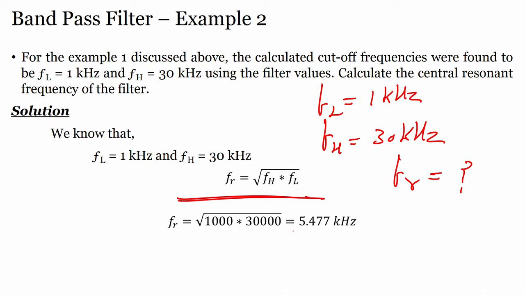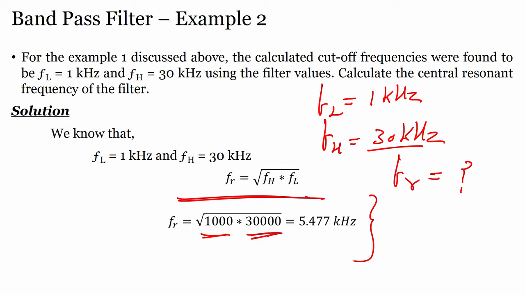Substituting the values, FL is 1 kilohertz, so 1000 hertz, and FH is 30 kilohertz, so 30,000 hertz, then I have my resonant or central frequency as 5.477 kilohertz.